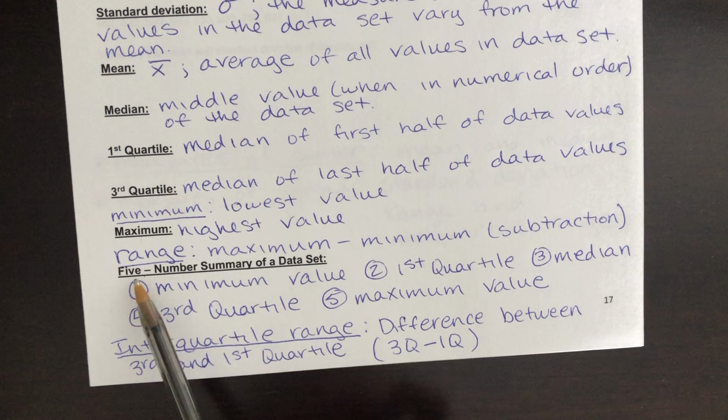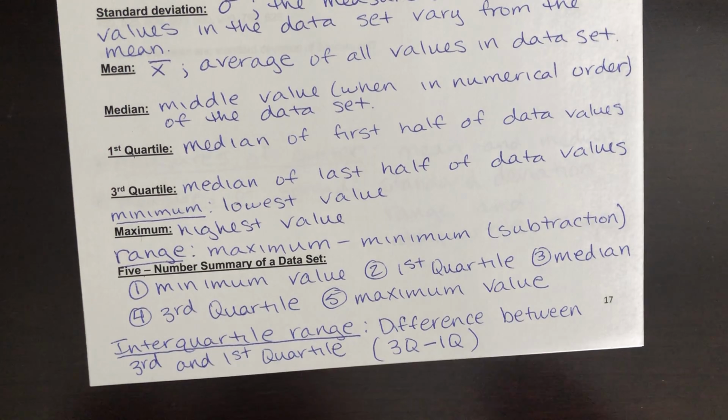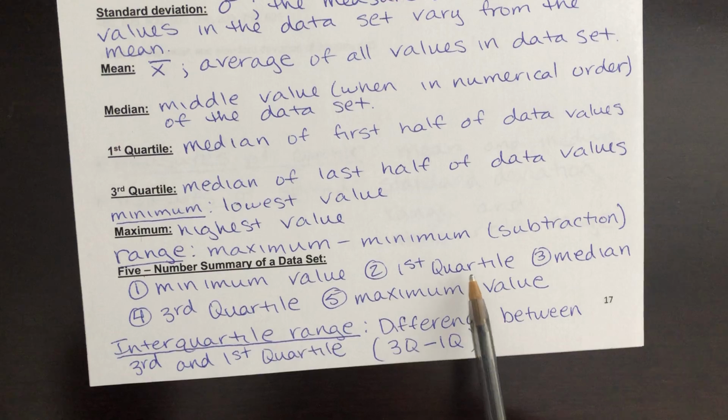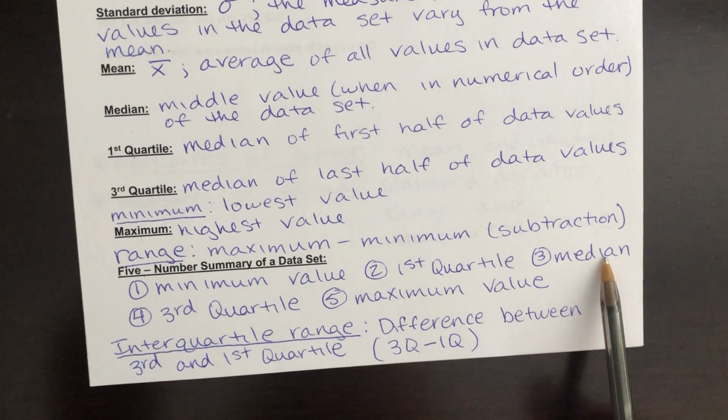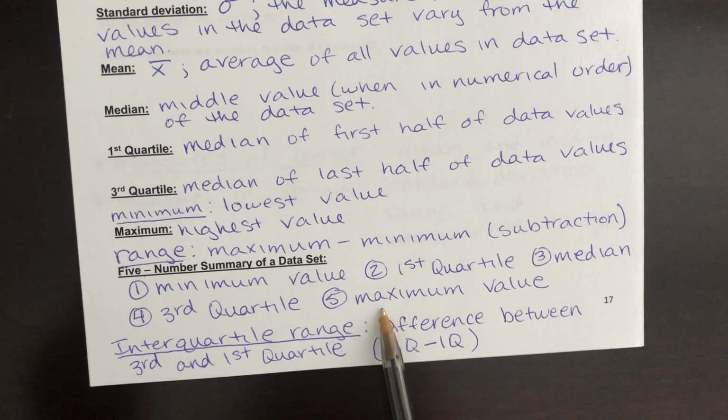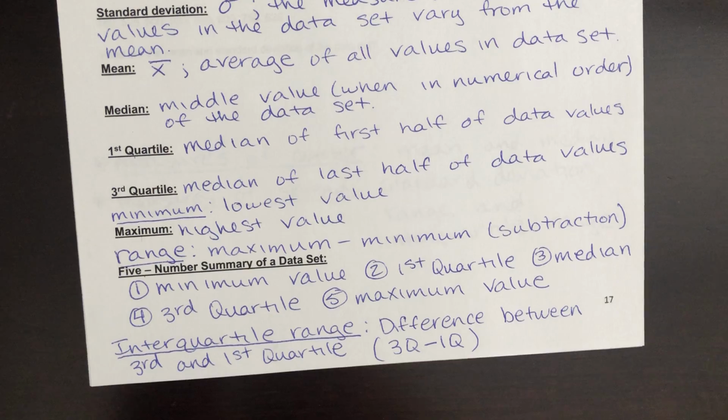And then your 5-number summary. Sometimes you'll be asked for that 5-number summary. Those 5 numbers are the minimum value, the first quartile, then the median, and then the third quartile, and lastly, the 5th number would be the maximum value.